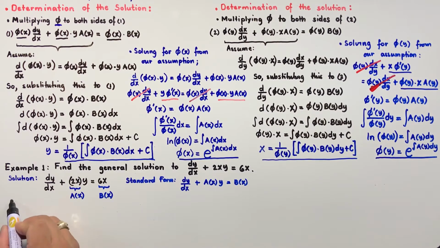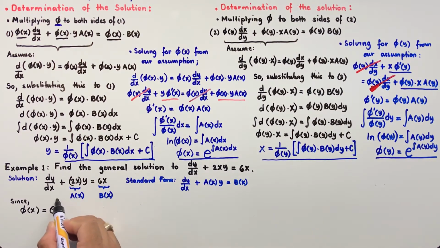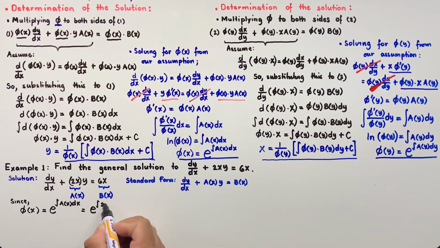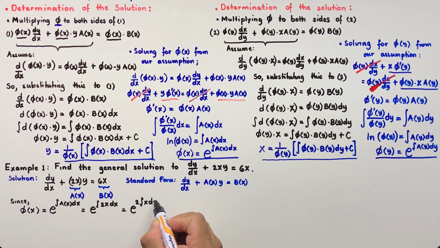So we can find this time our integrating factor, which is phi of x, which is equal to e raised to the exponent of the integral of a of x dx here. And our a of x is 2x. So this is equal to e to the power of 2, if you factor out 2 in front of the integral, so this is 2 times the integral of x dx.